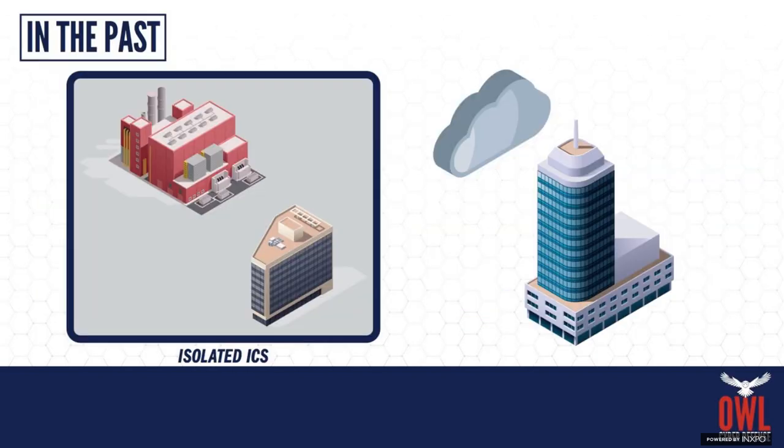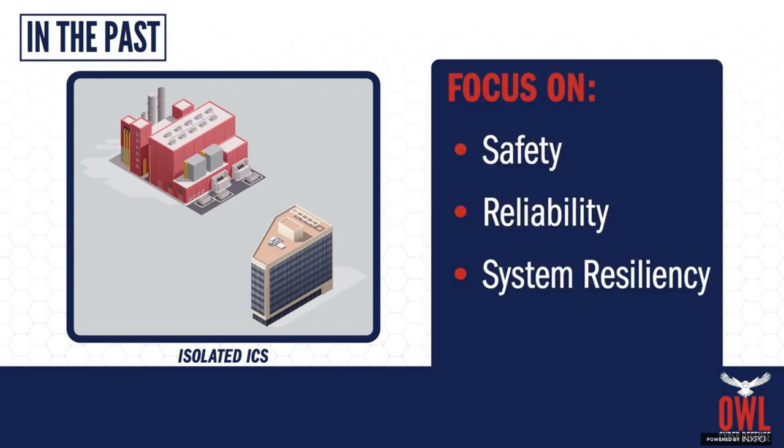So if you think about control systems and how they were deployed in the past, you had plants that were very isolated, both from a physical perspective and from a networking perspective. And the things that were important were safety, reliability, and system resiliency.